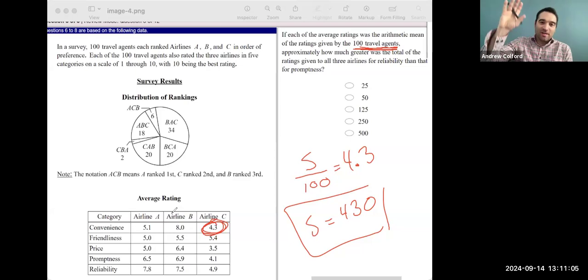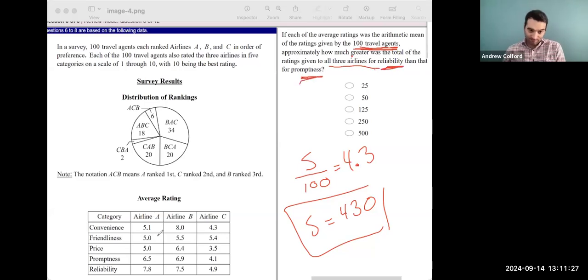So we can kind of do an Excel spreadsheet thing and basically for each one of these, multiply each one by 100 to get their overall total ratings. And this question, this terrible, terrible question, is a comparison. It's saying, how much greater was the total ratings given to all three airlines for reliability compared to promptness?